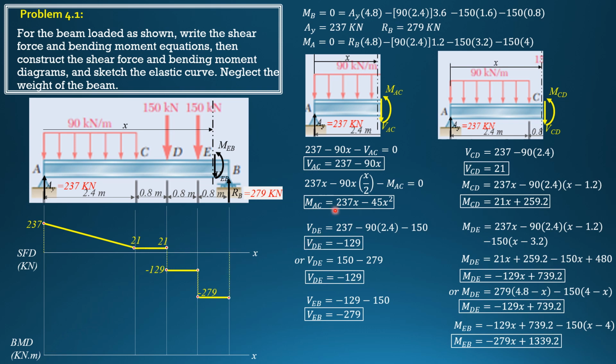So you evaluate 237 times 1.2 minus 4.5 times 1.2 squared. So you just estimate an intermediate value so that you can sketch the graph correctly. So that's my way for this situation here.